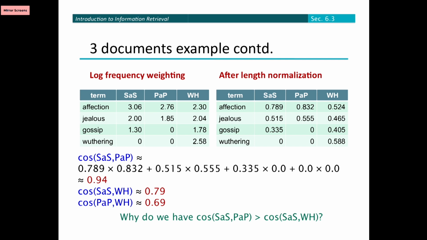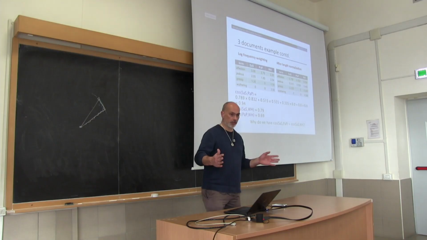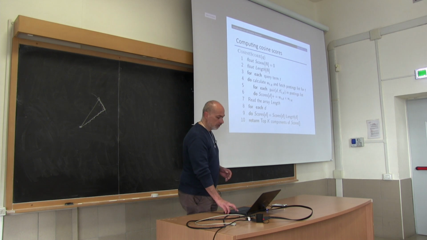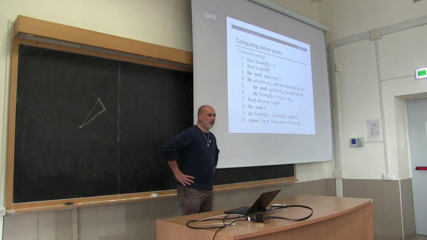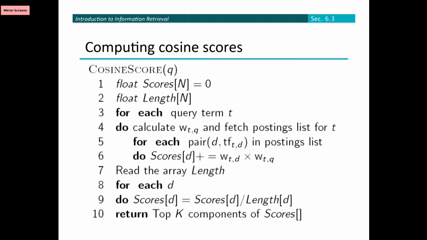Now, the question is, what shall I do in practice? What is the algorithm to compute the cosine similarity between a query and a document collection? Let's look at one algorithm. I guess this is the very same algorithm you have been looking at since the beginning of this course. It's always the same algorithm, slightly changed from time to time.